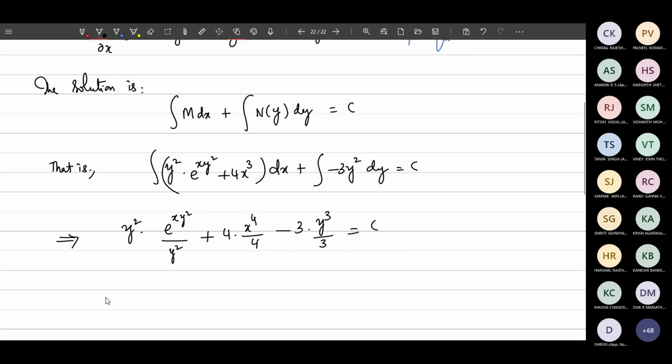So this means e power xy square plus x power 4 minus y cube equals constant.